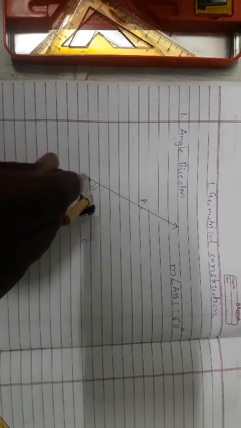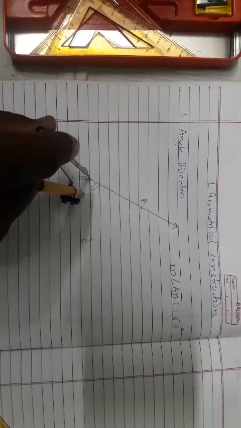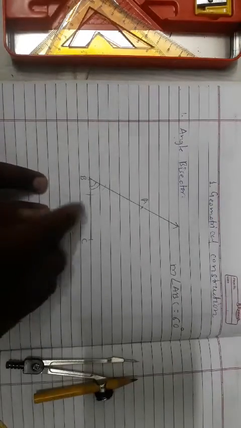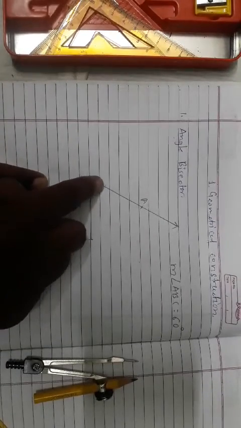Here a small arc on AB line, then after that on BC line. First I have drawn an arc here on AB, then on BC.